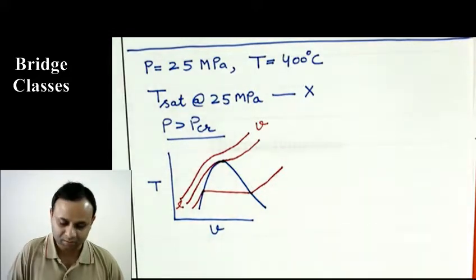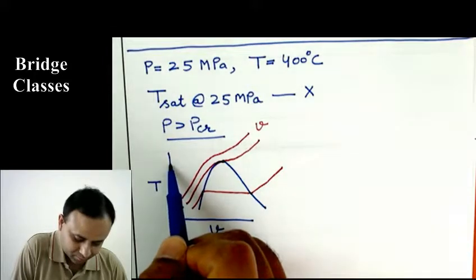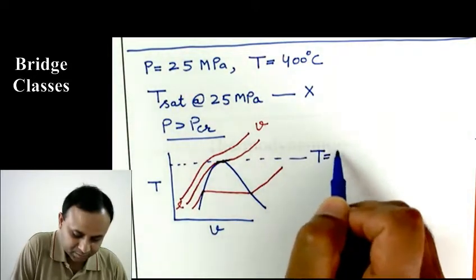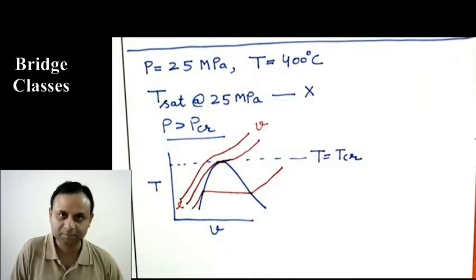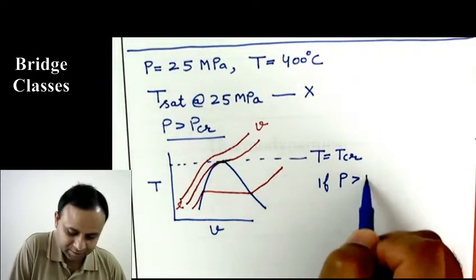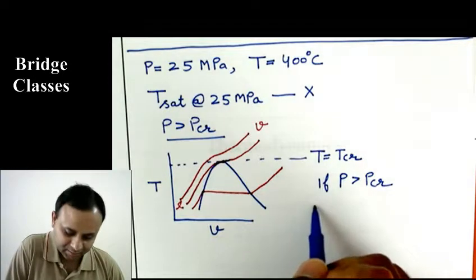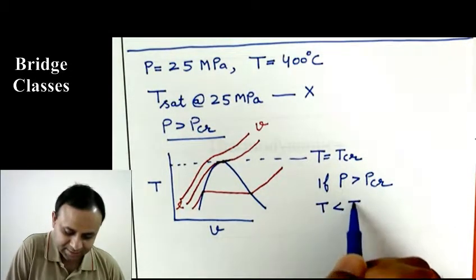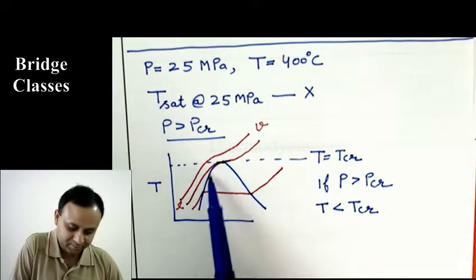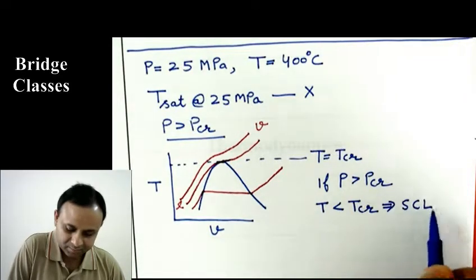But the convention is, this corresponds to critical temperature. If pressure is greater than critical pressure, then the convention is, if temperature is less than critical temperature, that means it is in this region, it is called subcooled liquid.